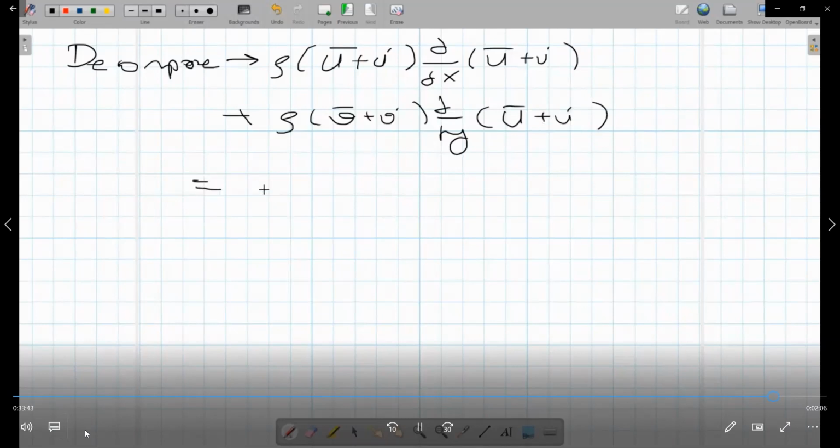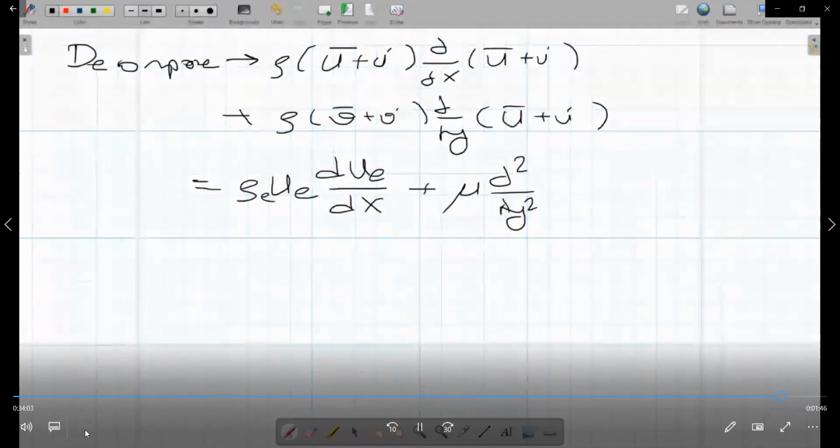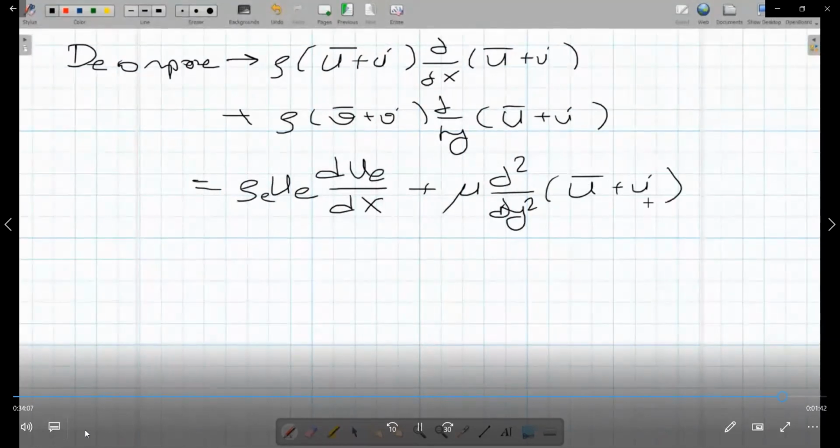On the right hand side, I have the external term, the edge term out of the boundary layer, so this does not change, plus the viscous term. So I have the second derivative with respect to y, d square dy square of u bar plus u prime. So I decompose the momentum equation.